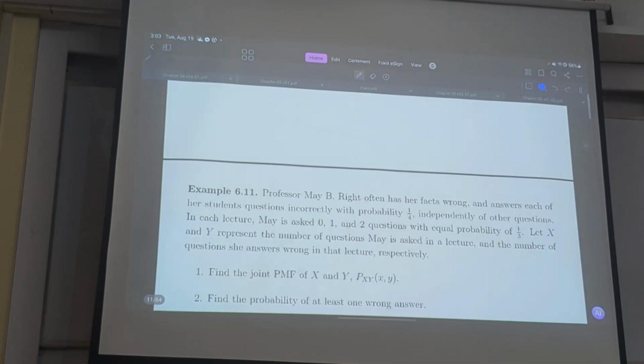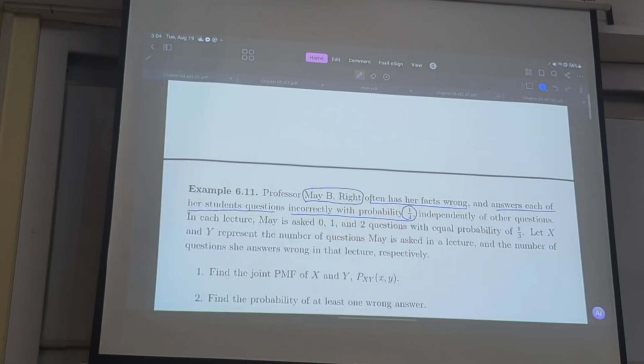We have a professor. The specialty of the professor is that she has her facts wrong. That means she answers each of her students' questions incorrectly with some probability.